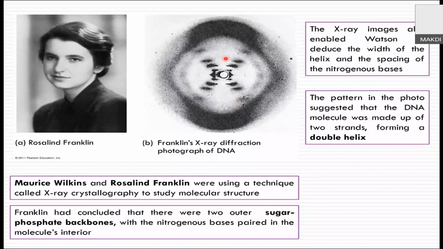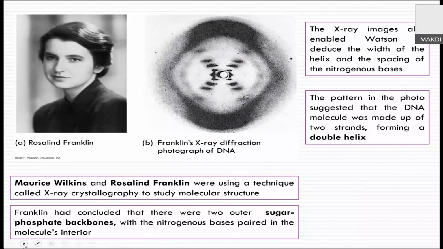So this is how Watson and Crick built their model based on these X-ray diffractions. And if you read more about Rosalind Franklin, actually at that time they didn't know the side effects of X-ray. So it's not a good ending for Rosalind Franklin actually.